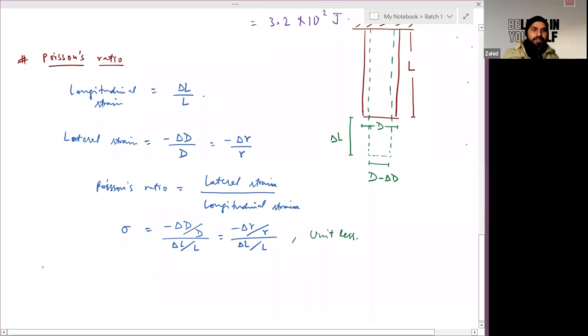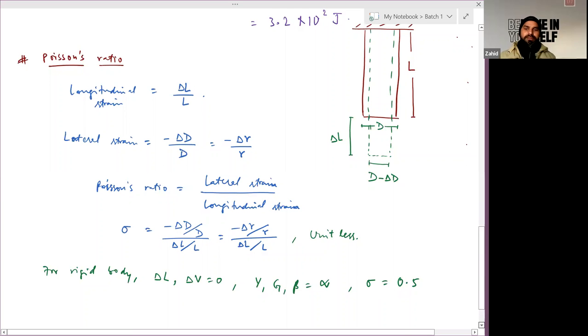Now, you may be asked to define it for a perfectly rigid body. For a rigid body, there will be no change in its length, no change in its volume. So Young's modulus, shear modulus, bulk modulus will be infinite, but Poisson's ratio will be just 0.5.